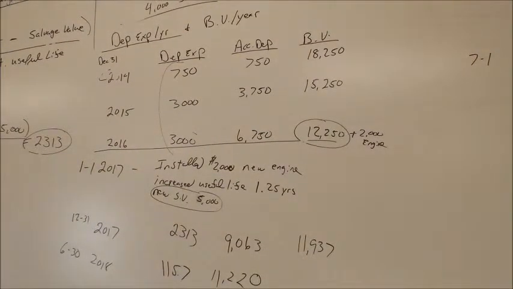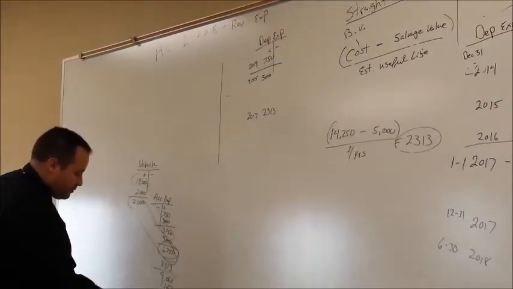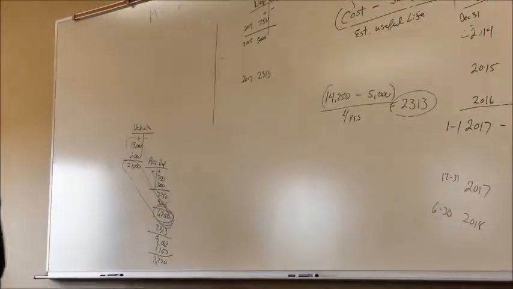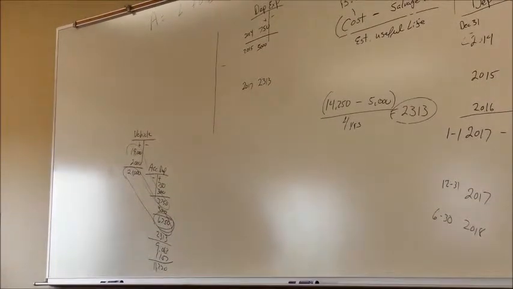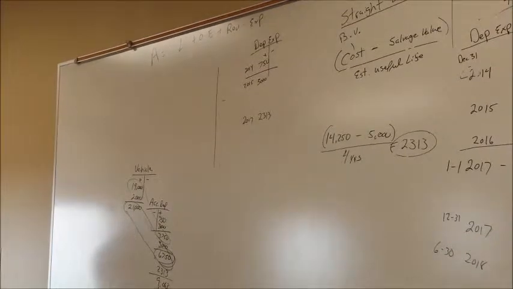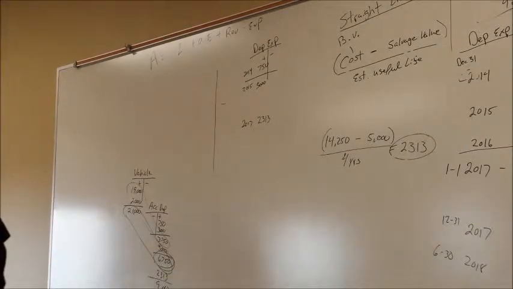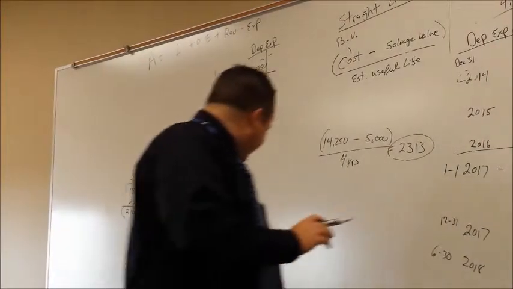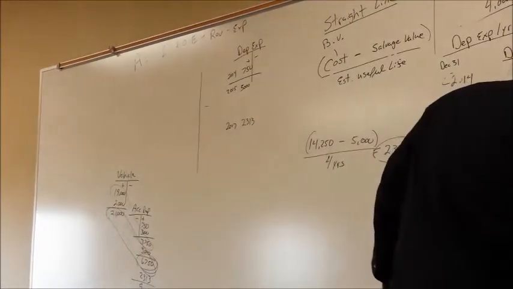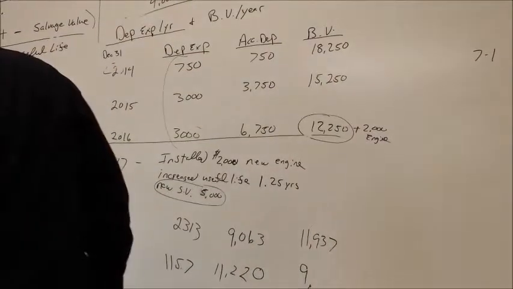I got accumulated depreciation of 11,220. I think that's right. And then the final book value when I sell the vehicle being 9,780.